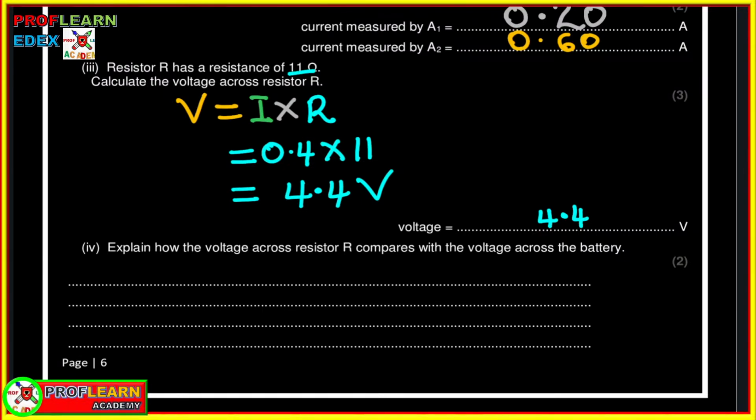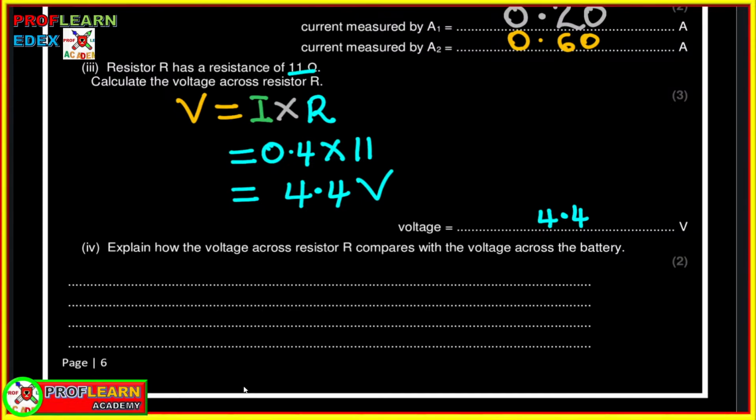So we're going to realize that the voltage across resistor R is actually the same as the voltage across the battery, and we're going to say this because the battery and the resistor R are connected in parallel. And you can see there is no other resistive device. So let us just put it down so that we can understand it better.